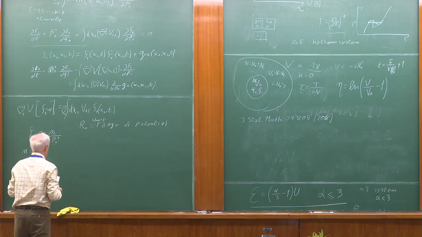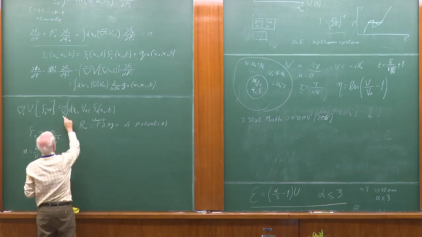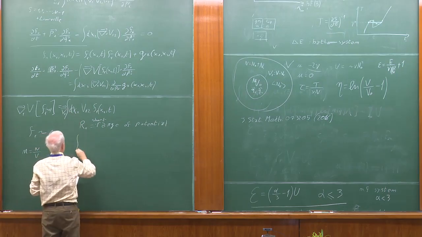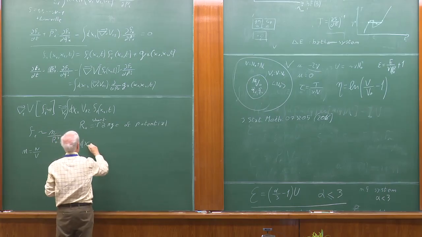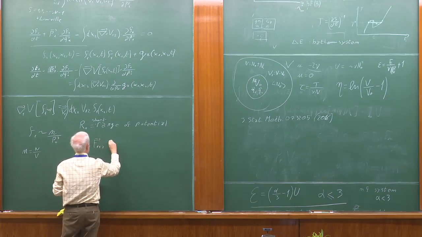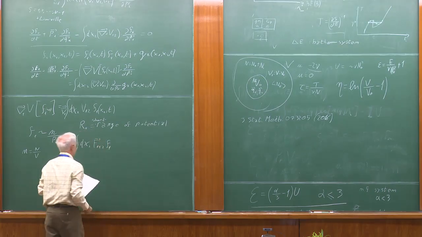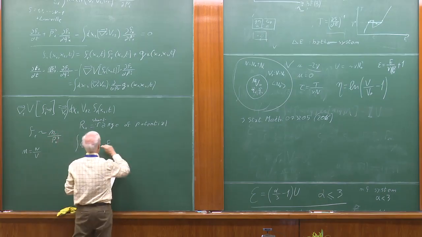Now, if this is the range of the potential, if I do the derivative here, I get an integral of the force. I just neglect the sign. But this will be extended up to R0.